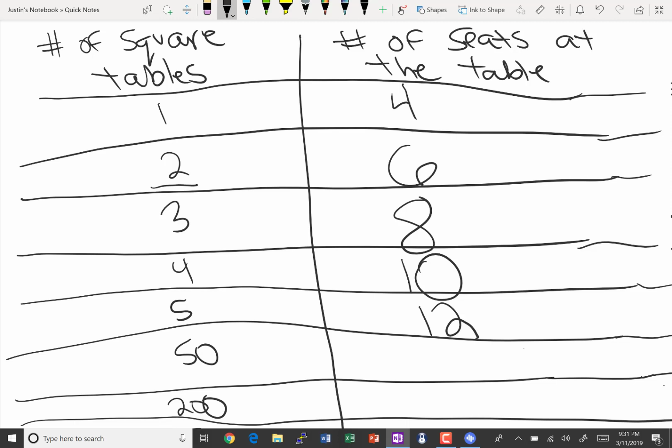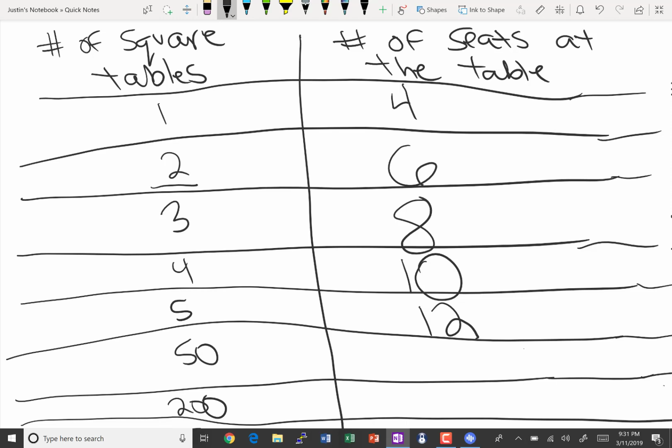Then it wants you to come up with 50. How many would be at 50, 200, and then it gives you the variable T. Go ahead and try to figure that out. See if you see the pattern of each one. What is the pattern to figure out the rest?